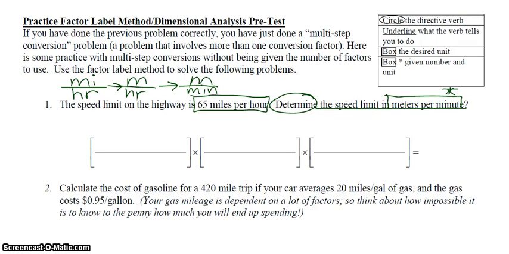So you'll notice that in my initial part, I said I'm starting in miles per hour and I want to finish in meters per minute. We can still use the 1609 meters per 1 mile in the first conversion. But because I'm dealing with the top, the bottom is still in hours. I can't change them both at the same time. But once I do that conversion step, then I can convert from hours to minutes.